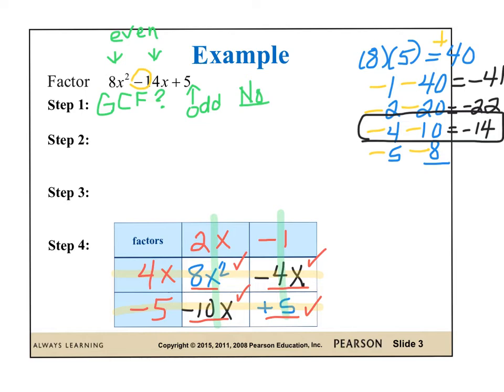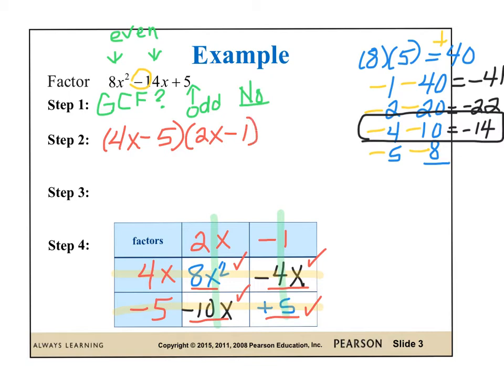And so we know that we have found the two factors. And our two factors are 4x minus 5 and 2x minus 1.